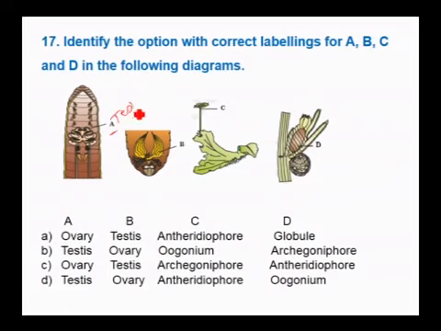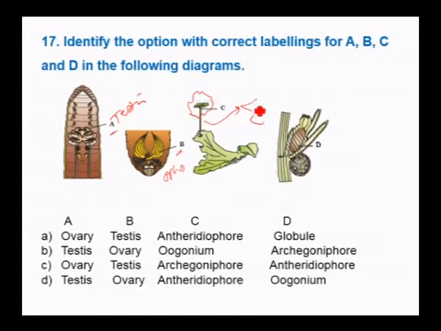B is a section of the cockroach. Cockroach exhibits sexual dimorphism, so sexes are separate. This is the structure of the ovaries. Then the third one is Marchantia. Here, this is the antheridiophore, which has an irregular boundary.